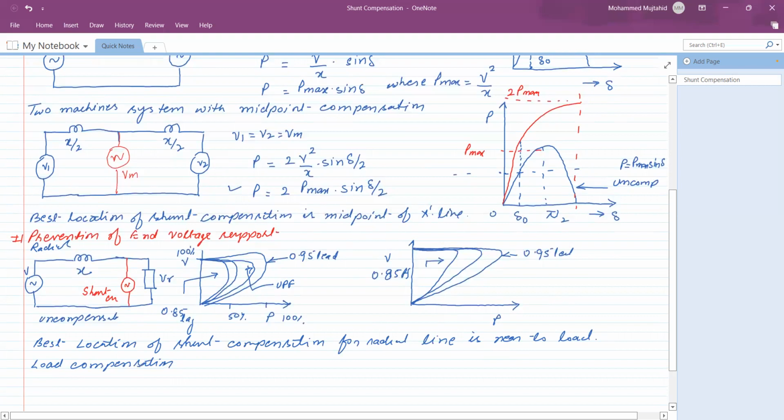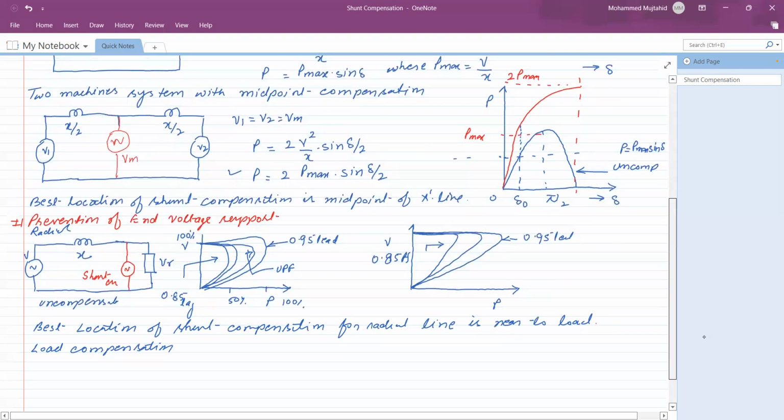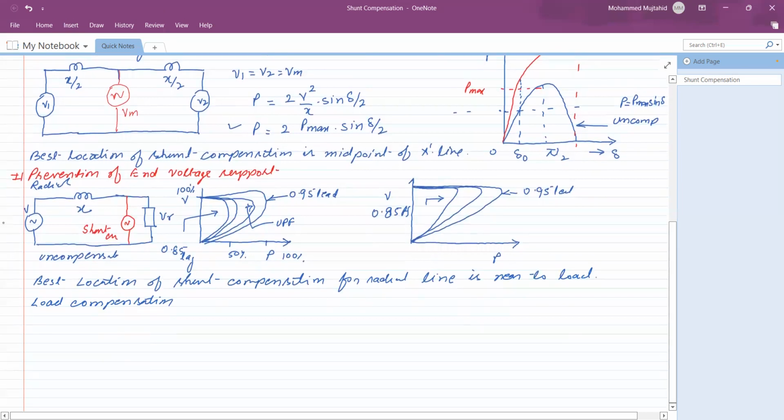Now this compensation may be delivering the reactive power or consuming the reactive power. We'll see one by one. This is the second advantage of shunt compensation in the transmission line.